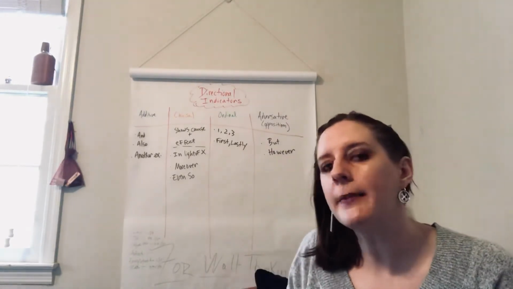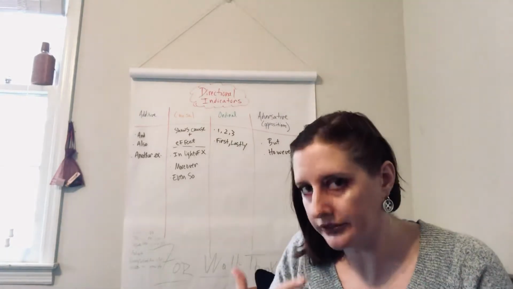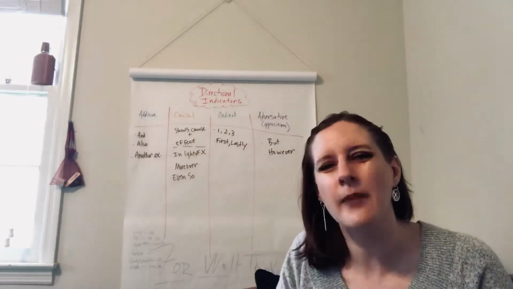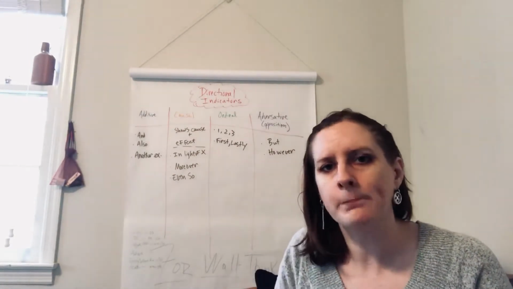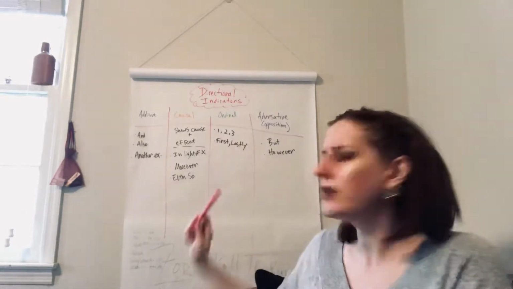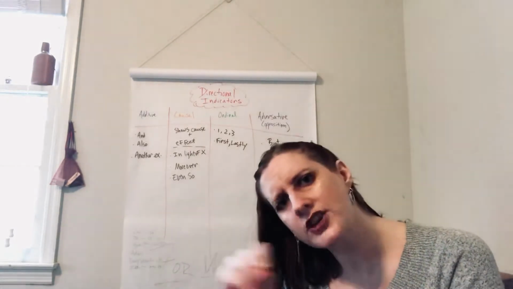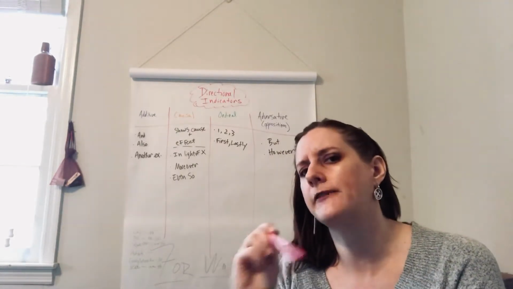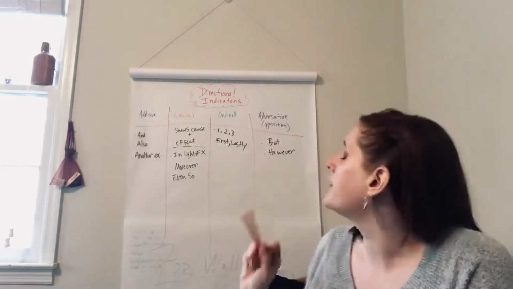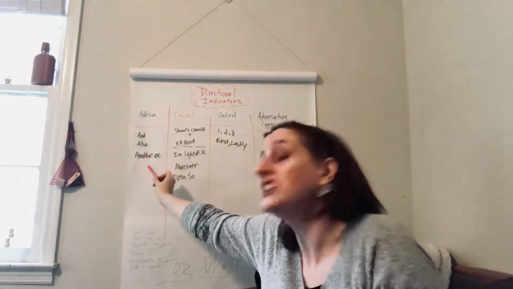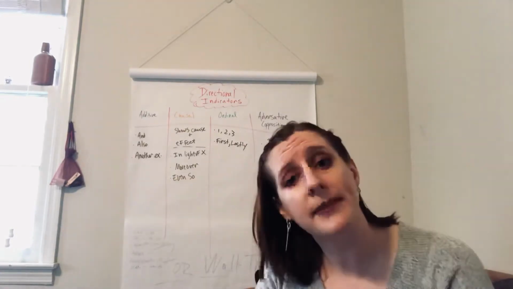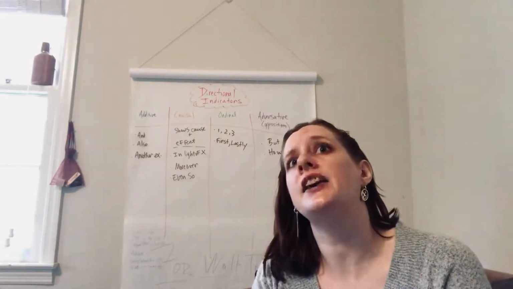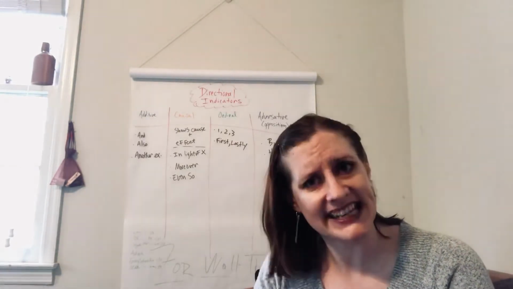So if we think about what each of these parts of language do, we can figure out how we can kind of hack them to get what we want out of a paper. So if you go through and check what your directional indicators are doing, you can notice a lot about the structure that you've made for yourself in the paper. If your paper is relying on a lot of additive transitions in your topic sentences or in the last sentences of your paragraphs, then your paper might feel kind of listy.